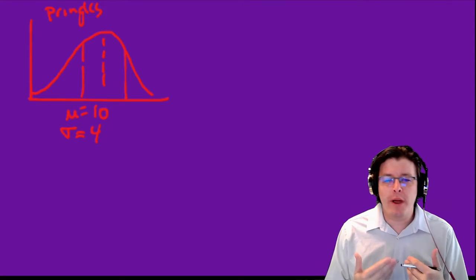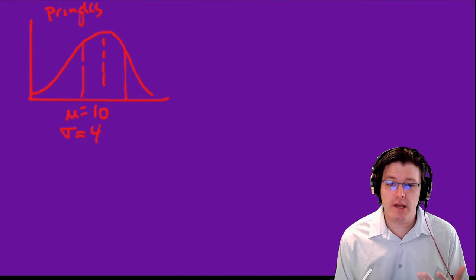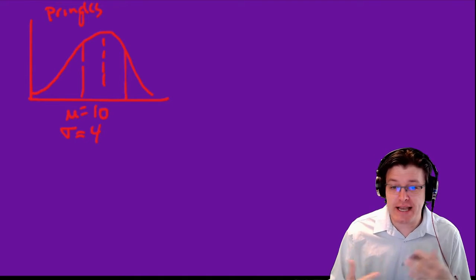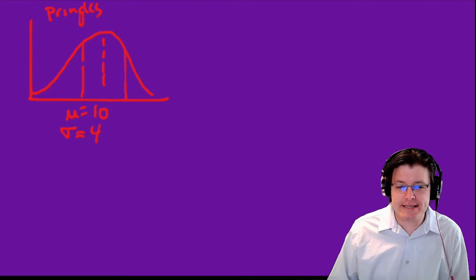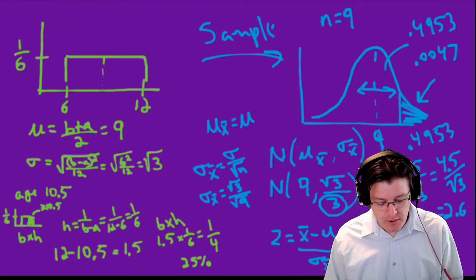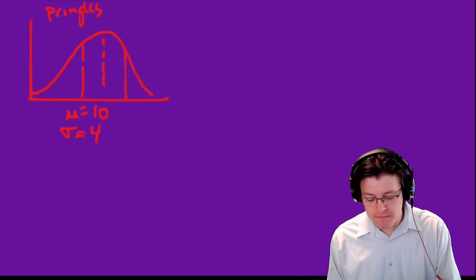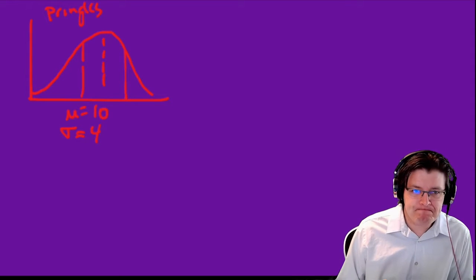When we are presented with a normal distribution, the nice thing for you is that you don't have to calculate the mean and the standard deviation, because I have to give you that. In the uniform distribution, we had that step of crunching, but we are already given those values here in the normal distribution.